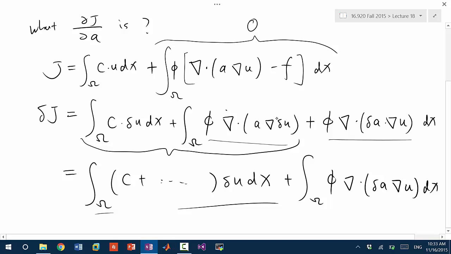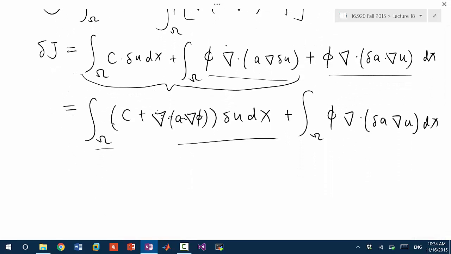Yes, I need to pull delta U out of these differential operators through integration by parts. I actually need to integrate by parts twice in order to pull this delta U out of this gradient and this divergence. The result of that, very interestingly, is going to be divergence of A times grad of phi.